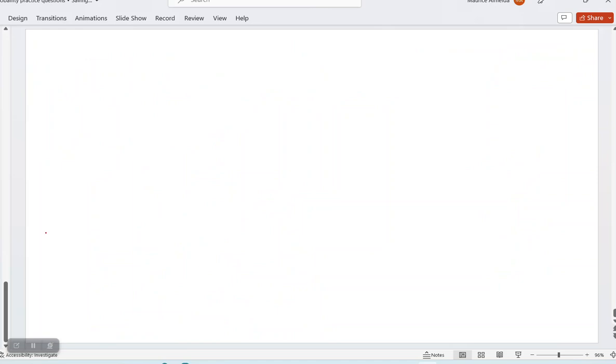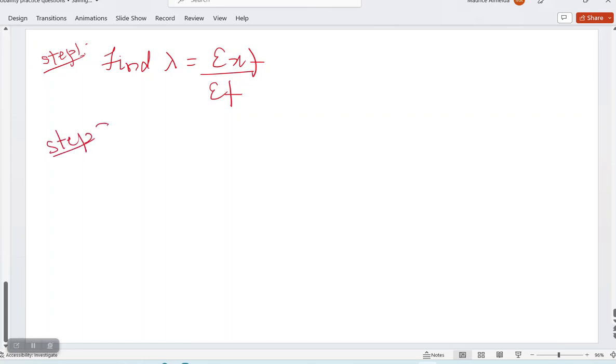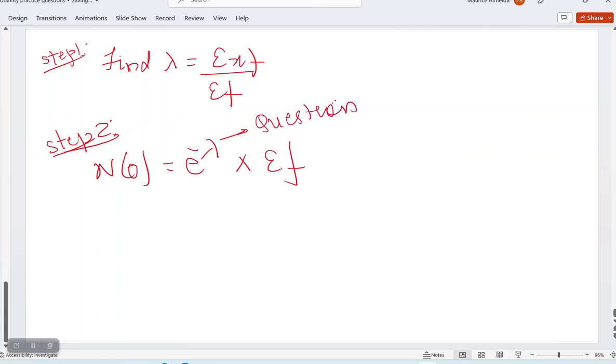To solve such a problem, you need to recollect that step 1 is to find lambda using summation of xf upon summation of f. In step 2, the theoretic frequencies are given by n of 0, whatever is the first value, which is nothing but e raised to minus lambda into the summation of f. E raised to minus lambda is always given in the question.